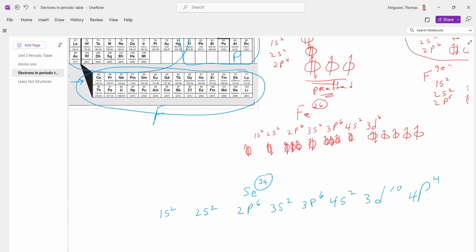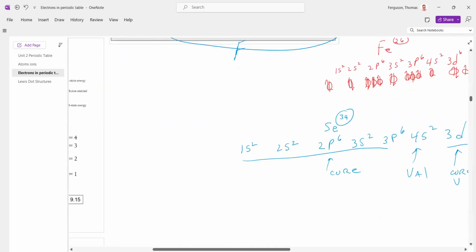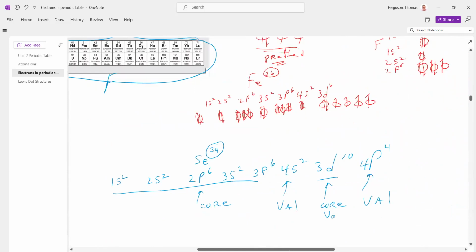Now, depending on what book you're reading, some books call these guys valence as well.